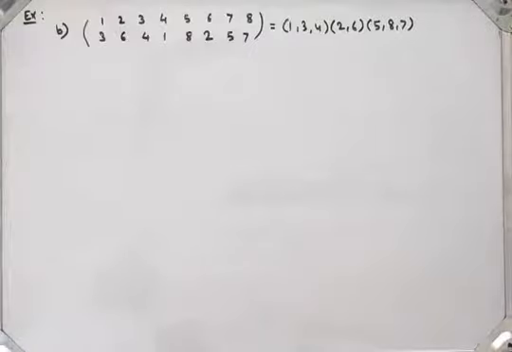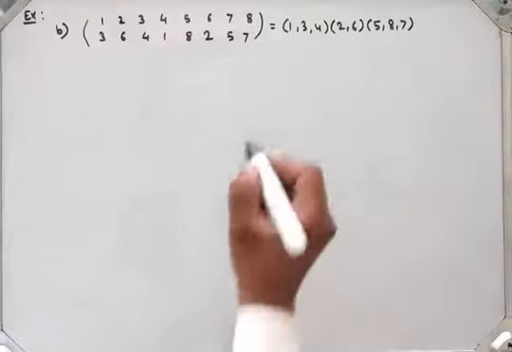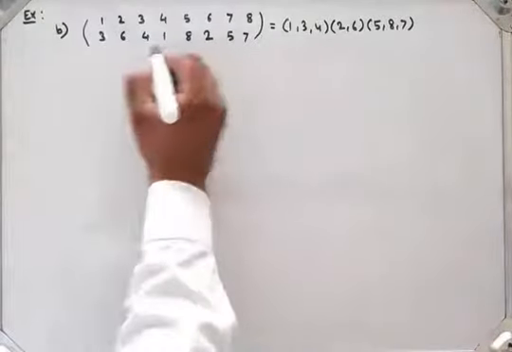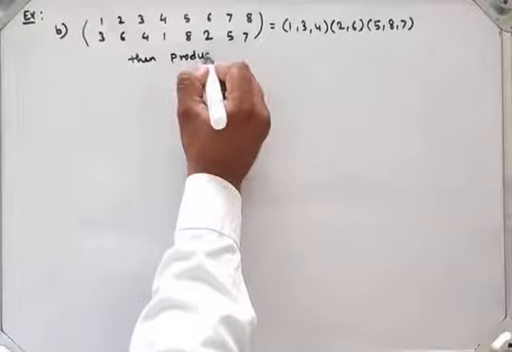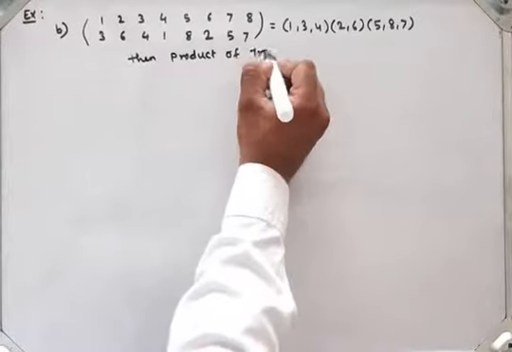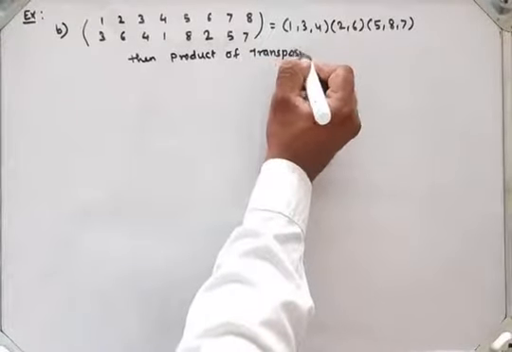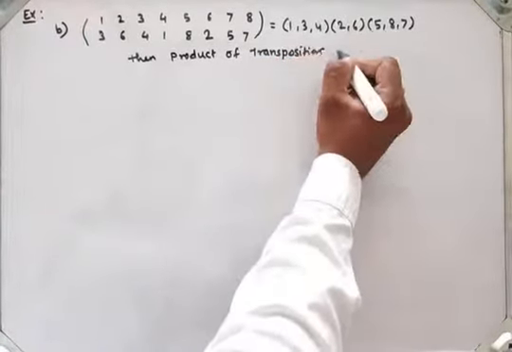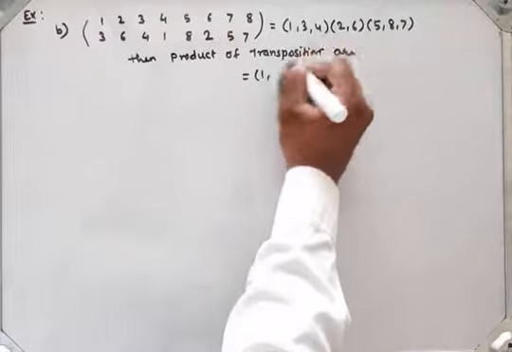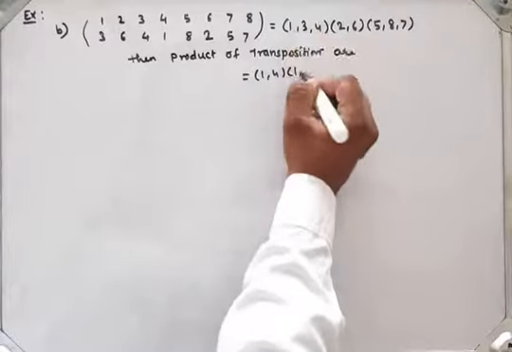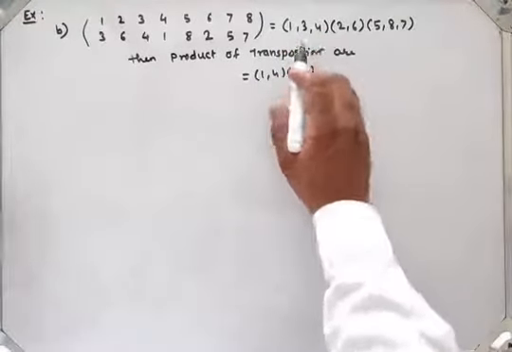Now to find the product of transpositions, this can be written as: 1 goes to 4, 1 goes to 3. So this cycle has two transpositions.